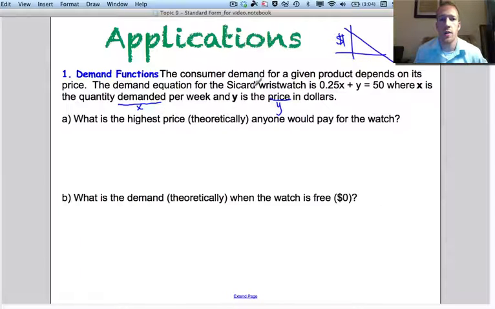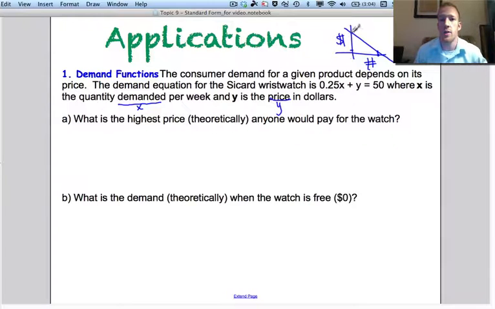Y is our price, and the number demanded is our x. So higher price, less people, smaller x, less demand. Smaller price, bigger demand, right? Higher x.